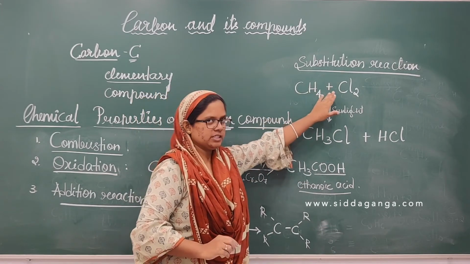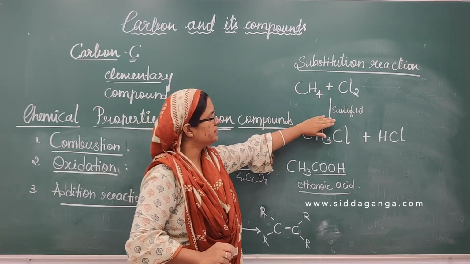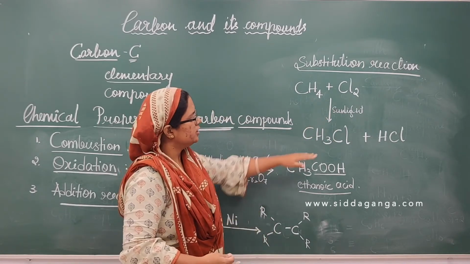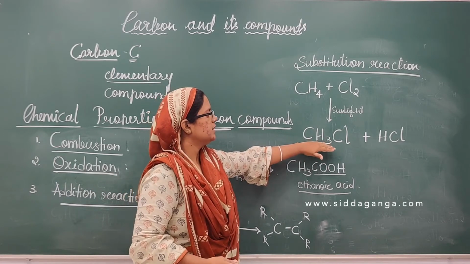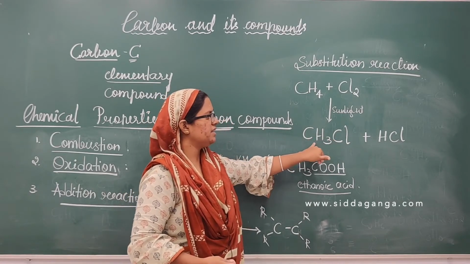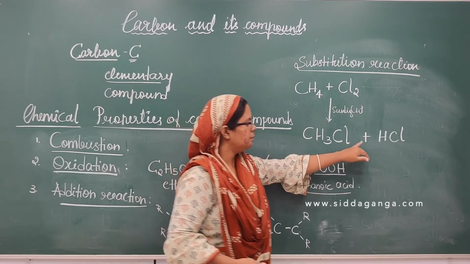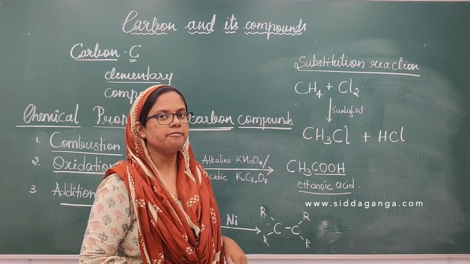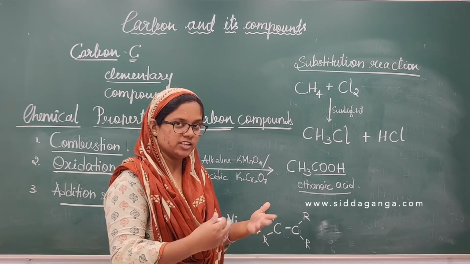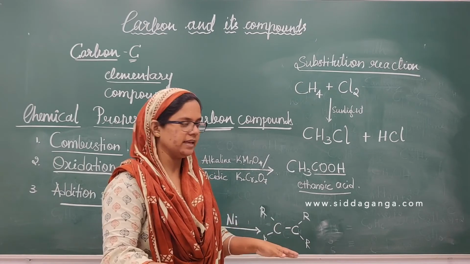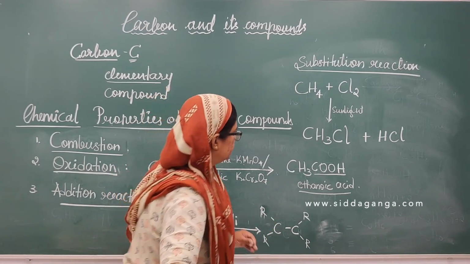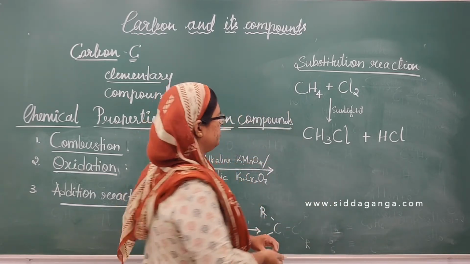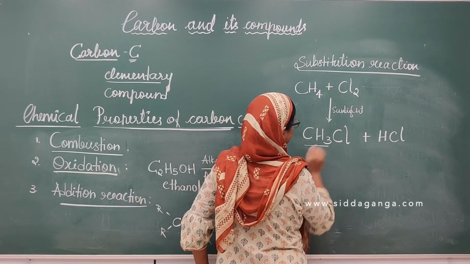Methane, when it reacts with chlorine in the presence of sunlight, the reaction will be very fast and it runs to form the compound CH3Cl, methyl chloride, plus hydrochloric acid. If you keep this reaction continuously under sunlight, it follows like this. What's the name of this compound? Methyl chloride.